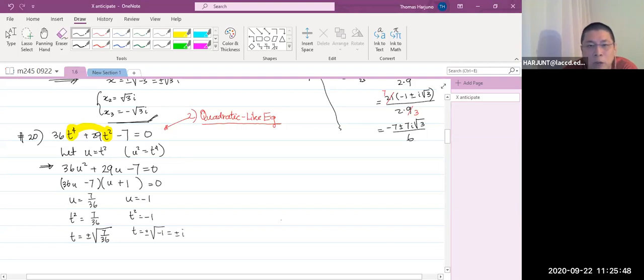Now don't forget, I would like you to split it. Okay, so t1 is radical 7 over 6. t2 is negative radical 7 over 6. t3 is i. t4 is negative i.